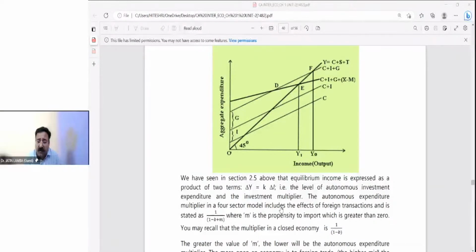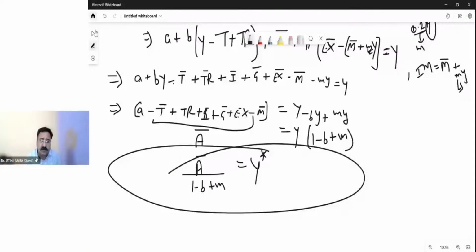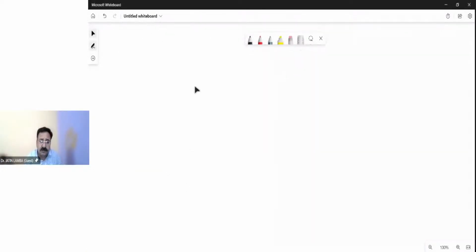Listen, why is the four sector model below the three sector model? Listen very carefully, children.